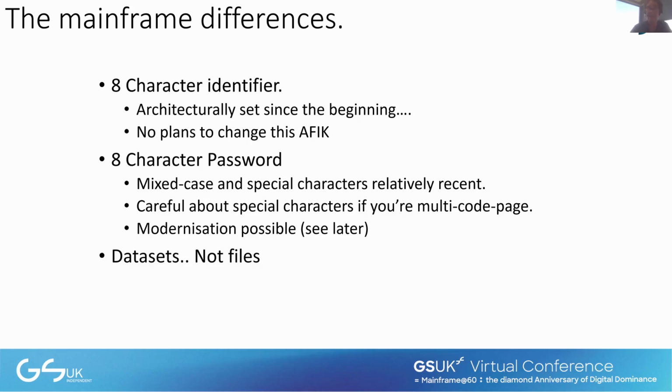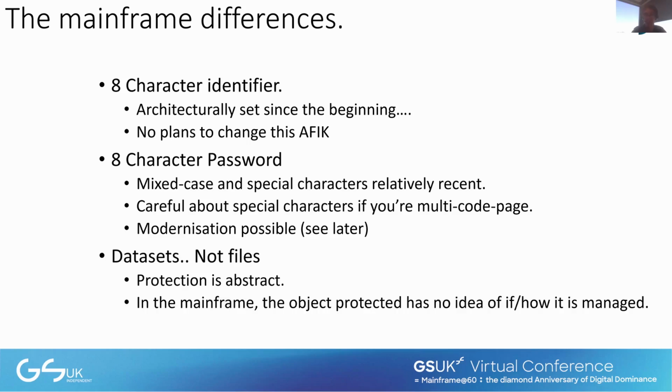The other mainframe difference: we talk about data sets and not files. In all the other IT platforms, the files themselves know a little bit about their security. In z/OS, the protection for this data is abstract. And what does that mean? It means that the object or the data set that is protected has no idea if or how it is managed or protected.